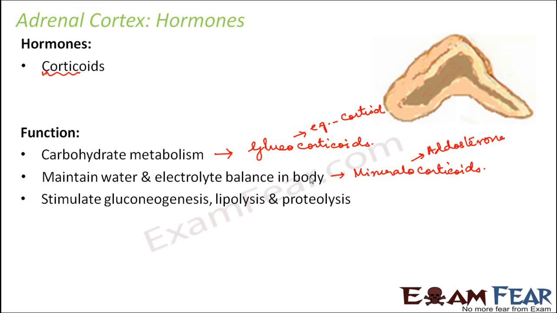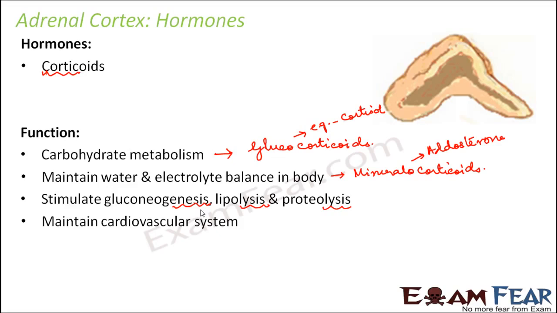Stimulates gluconeogenesis, lipolysis and proteolysis. So here also you see lysis means to break down something. So breakdown of lipids, breakdown of proteins, breakdown of the carbohydrates, it participates in all these also. And which particular type of corticoids does this function? The glucocorticoids. Maintain cardiovascular system, that is the heart and the blood vessels.